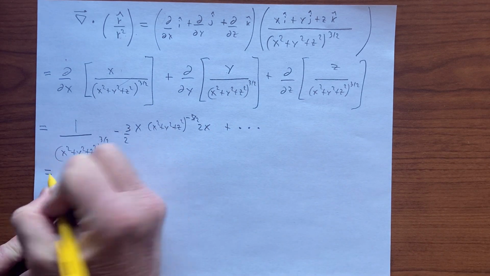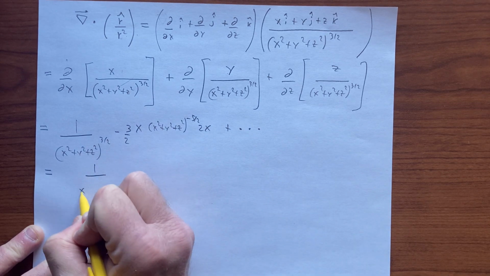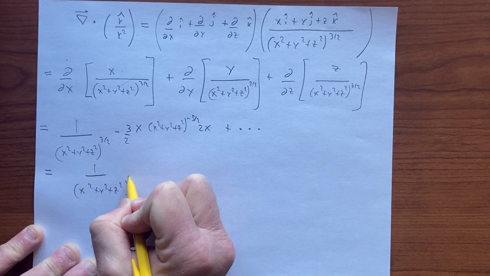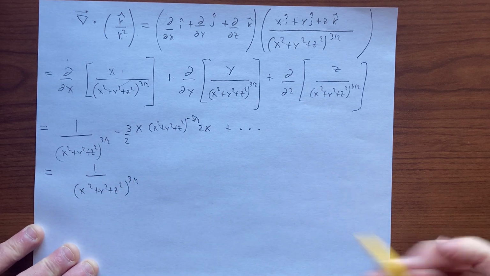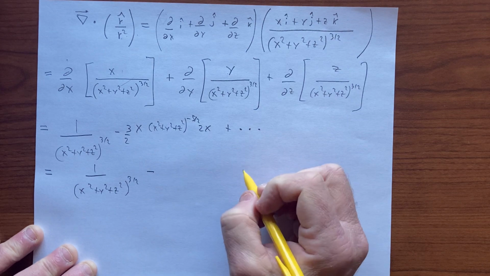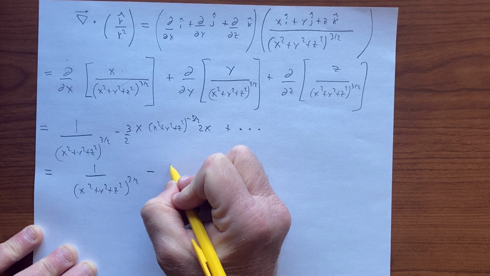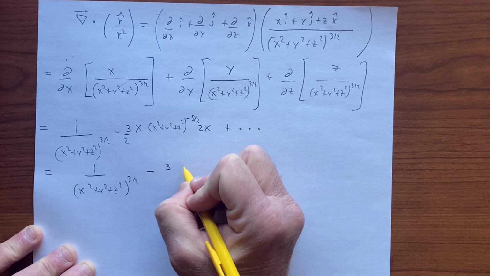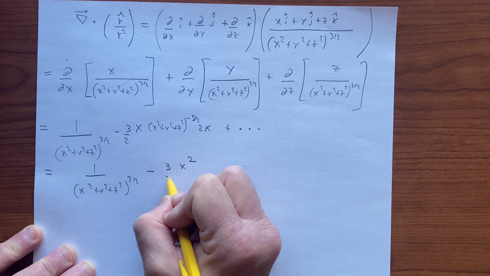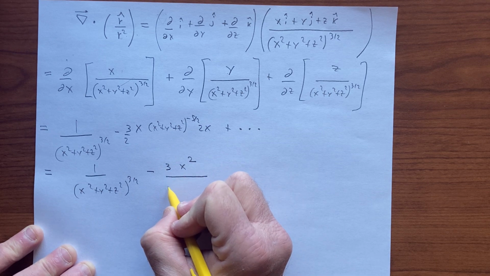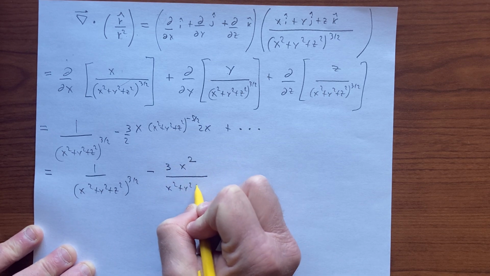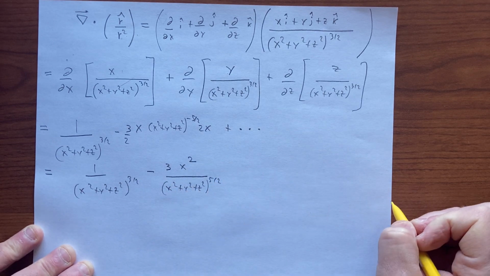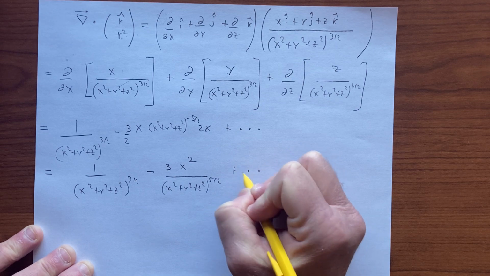So we get 1 over x squared plus y squared plus z squared to the 3 halves. And then we have a minus 3 x squared over, the 2's go away, x squared plus y squared plus z squared to the 5 halves here, plus dot, dot, dot.